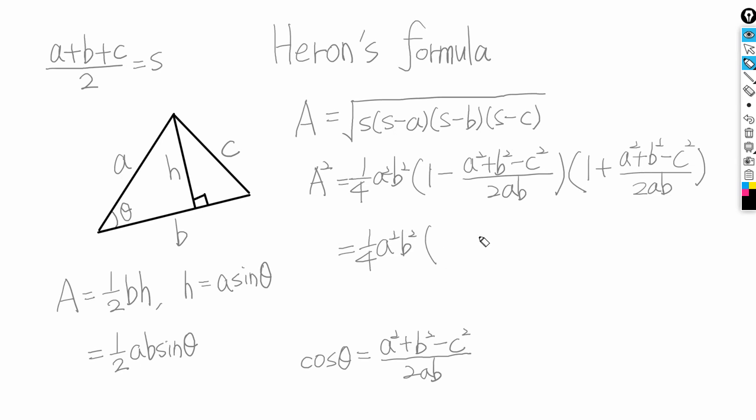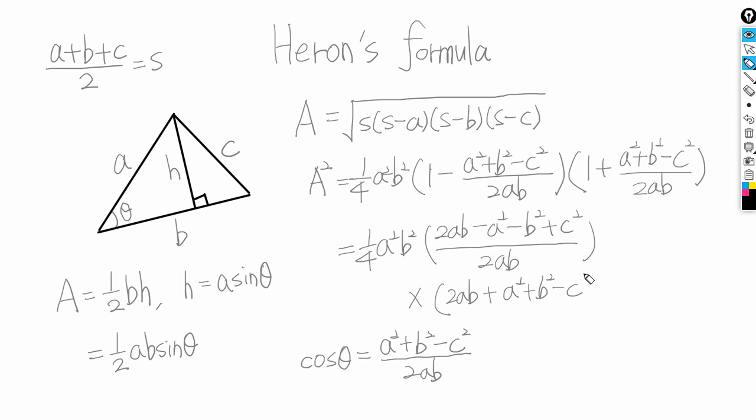So the first parenthesis is (2ab minus a squared minus b squared plus c squared) over 2ab times the second parenthesis, which is (2ab plus a squared plus b squared minus c squared) over 2ab.